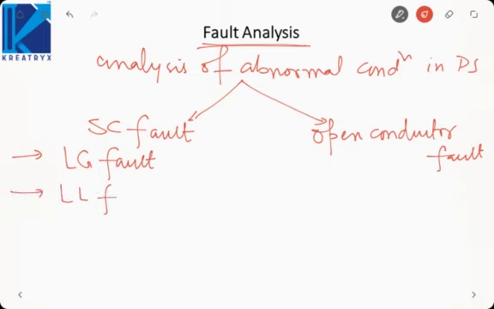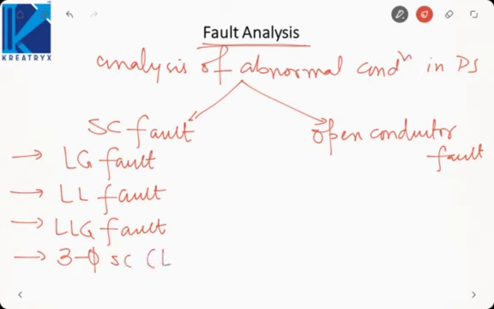Other is line to line fault, that is two lines are short circuited together. Then next is LLG fault, that is two lines are short circuited as well as connected to ground. Then three phase short circuit, that is LLL fault, and last is triple LG fault, that is all three phases are short circuited as well as connected to ground.